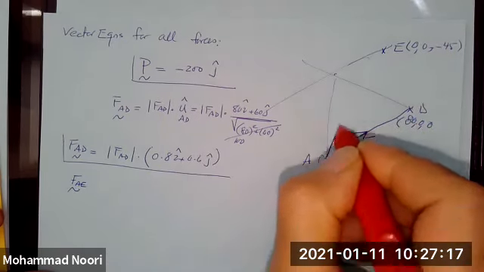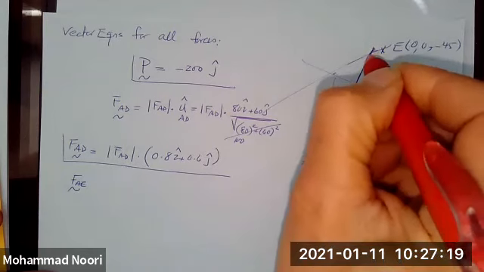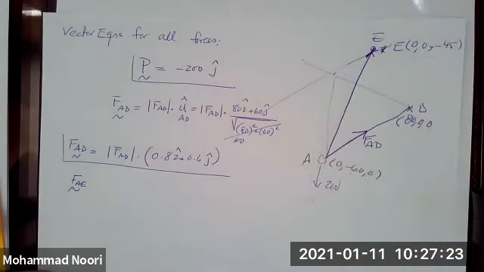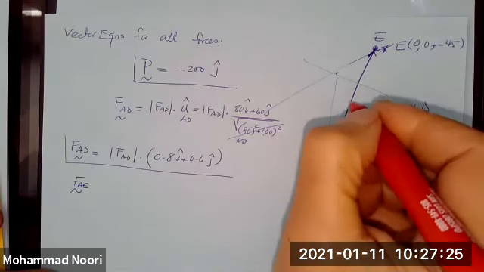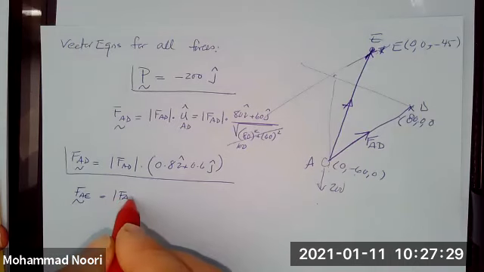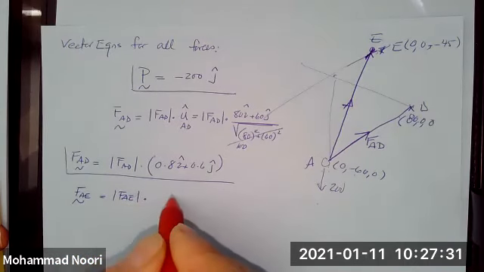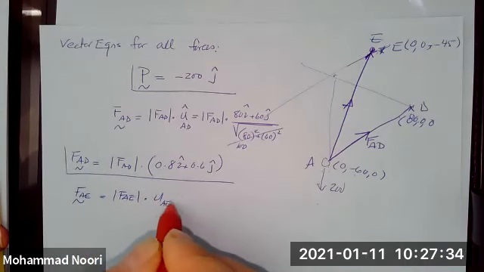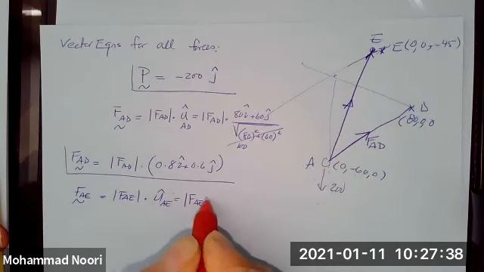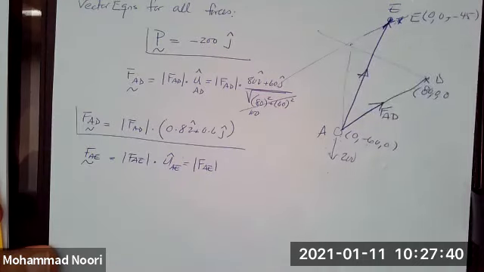So this is the force AE. Force AE is the magnitude of the force AE times the unit vector of AE. What is the unit vector?